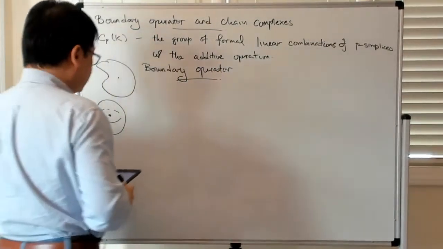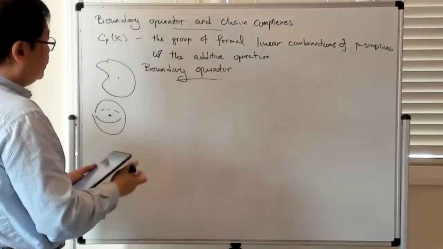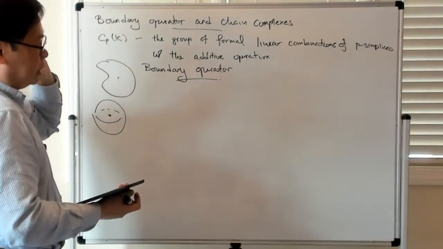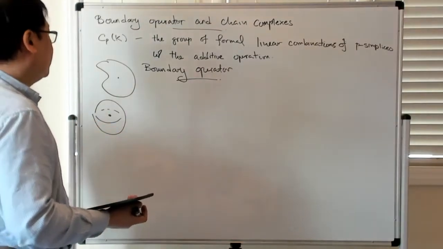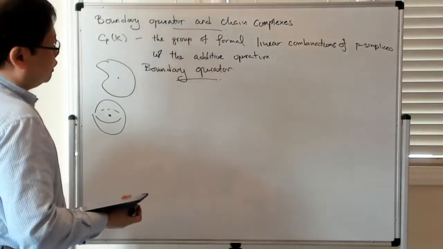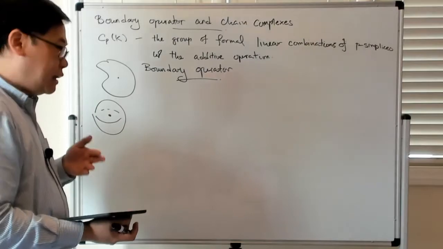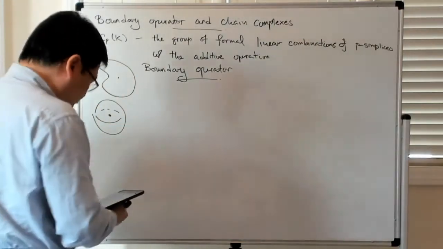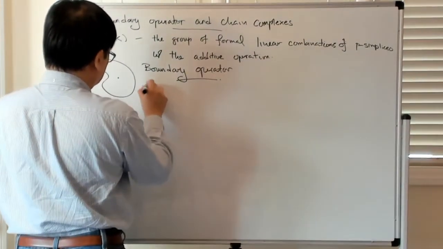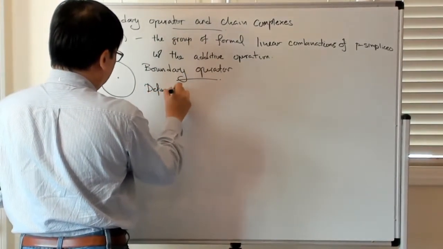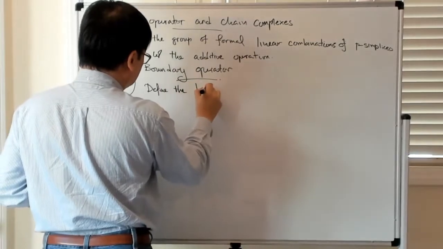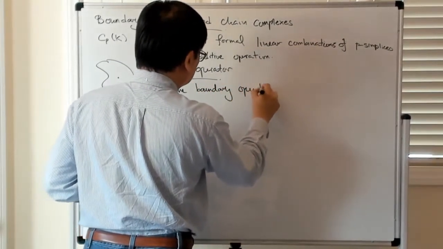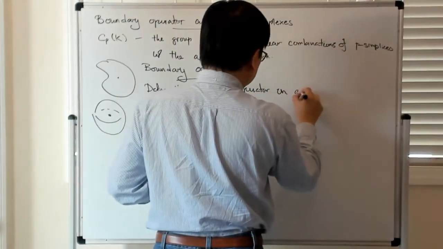So since the chain group is just formal linear combinations of p-simplices, we're just going to define the boundary operator first on a single p-simplex and then extend it to the entire chain group by linearity. So we're going to define the boundary operator on a p-simplex.